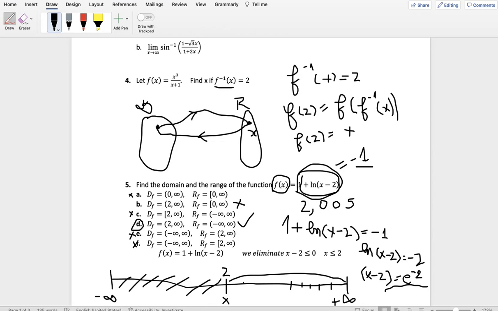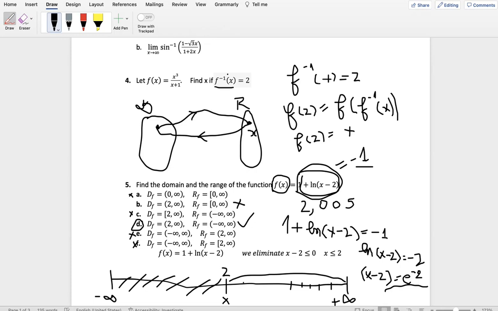No. Okay, let's get back to it. So when you have f inverse of x, basically it's asking you the value of x for which the inverse is equal to 2.